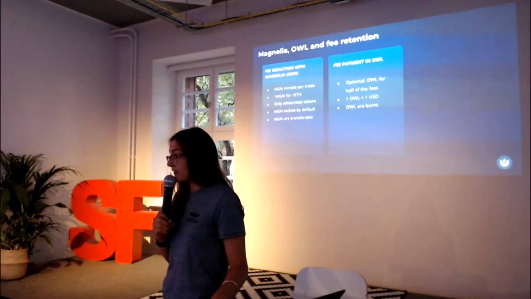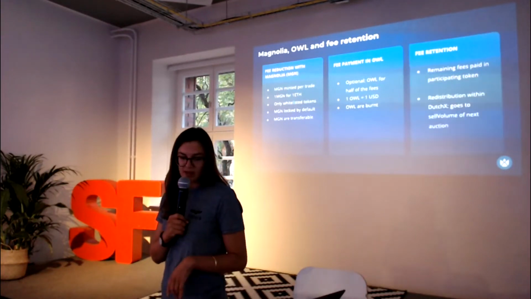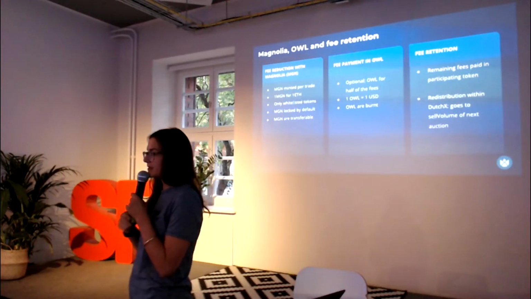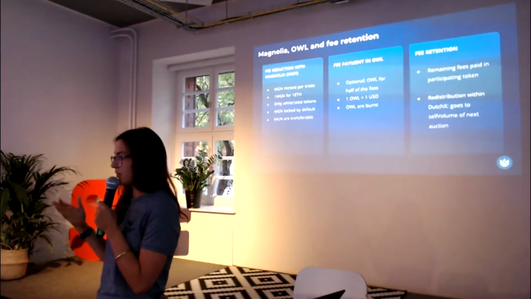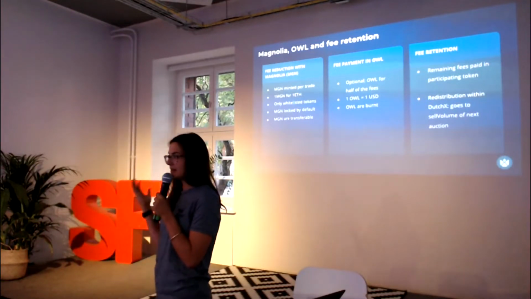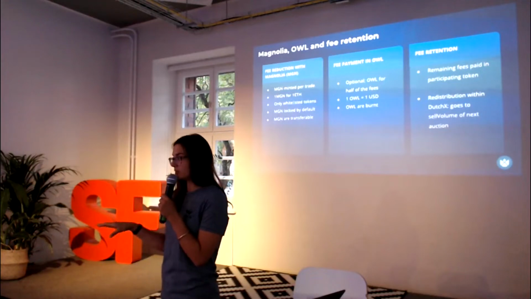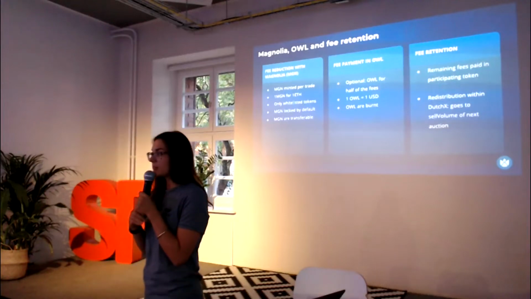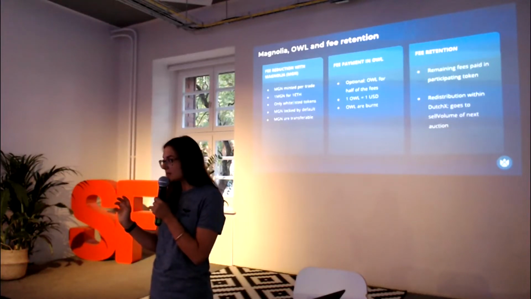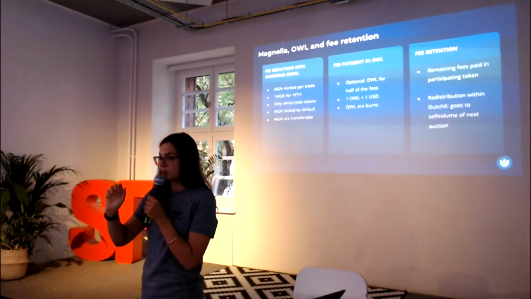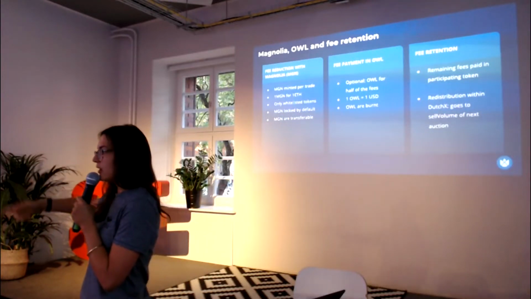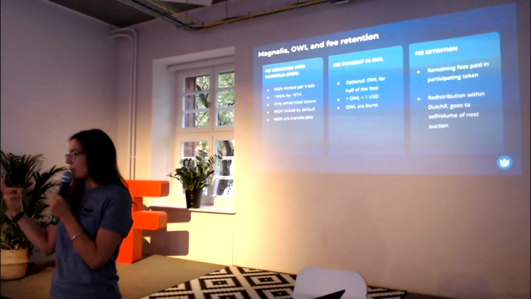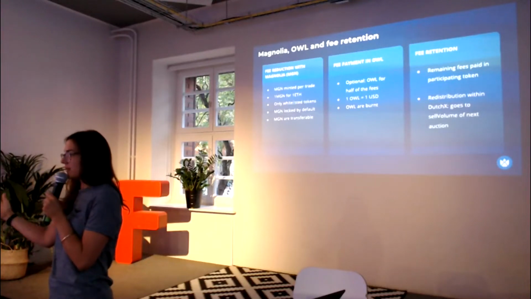So what happens to the fees that are levied on the DutchX? Fees paid in OWL are burnt. They go to no one. But fees paid in the participating token, which is the only other option that you pay your fees in, if you haven't reduced them to zero, you pay them in the participating token, and they get reallocated within the ecosystem by being attributed to an extra sell balance of the next running auction, giving more liquidity, and also benefiting those who are heavy traders on the DutchX.